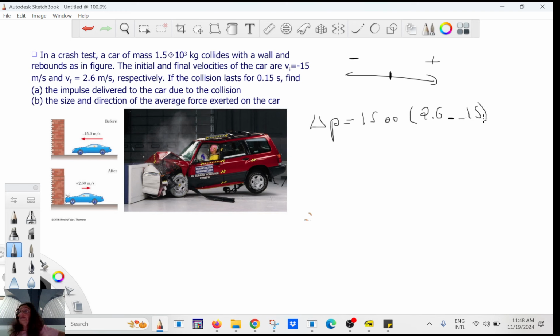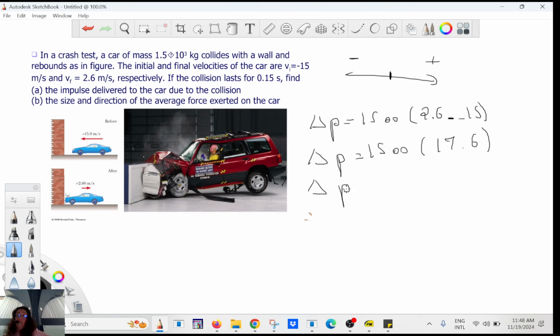And here they are very nice because they put negative 15. Usually you make an arrow to the left with the magnitude on top, but they don't tell you it's negative. You have to understand that it's going to be negative. So the change in momentum will be 1500 times 17.6.